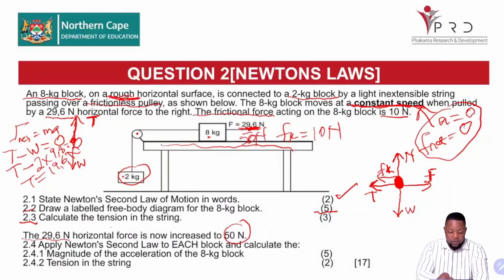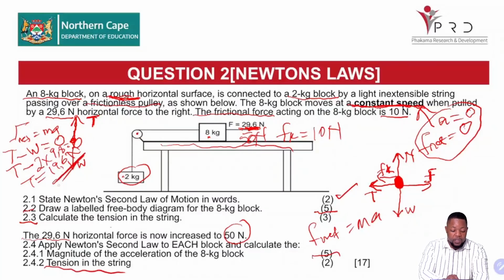Apply Newton's second law to each block and calculate the magnitude of the acceleration. You will get 1 mark here for saying F net is equal to ma. And then eventually now we want the tension. We did calculate the tension earlier of 19,6. But it was moving at a constant velocity. Now that it's accelerating, the tension is going to increase.